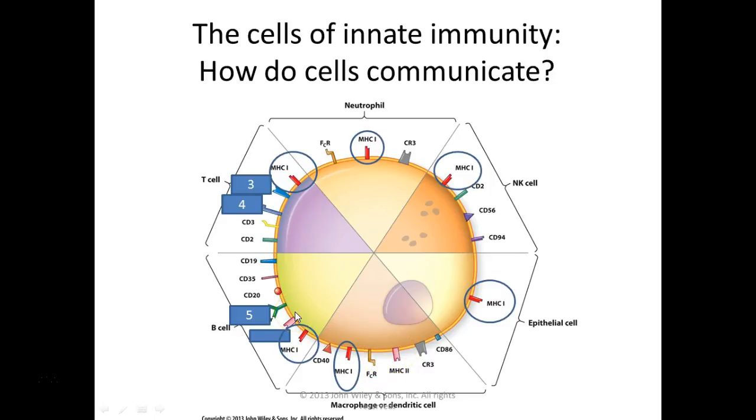So will B cells. B cells will take in any antigen that they interact with, and they'll present on MHC class 2. But notice if they get infected, they also have MHC class 1. So they can present that information.